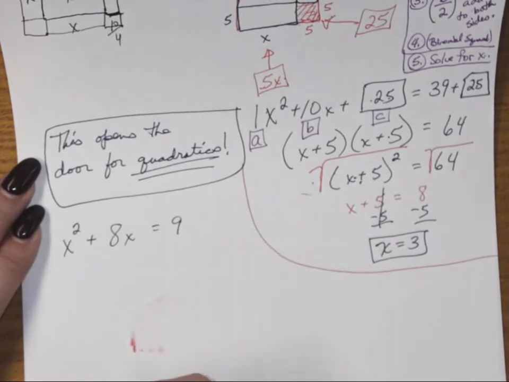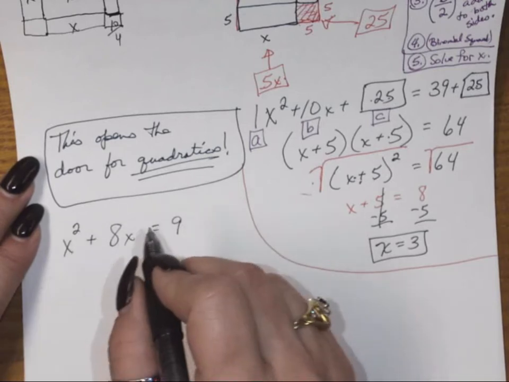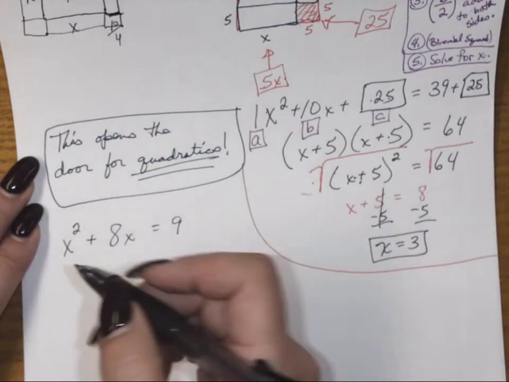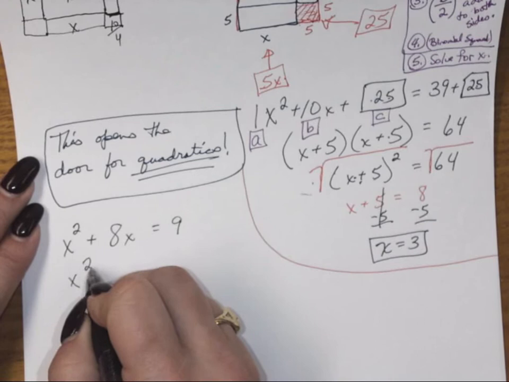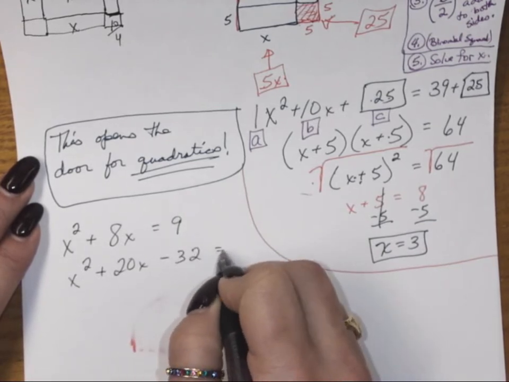You can try that guy. If you want some more advanced, more modernized ones, here's one. X squared plus 20x minus 32 equals 0.